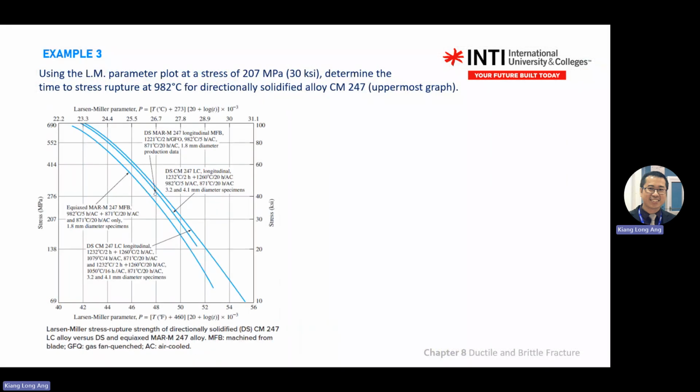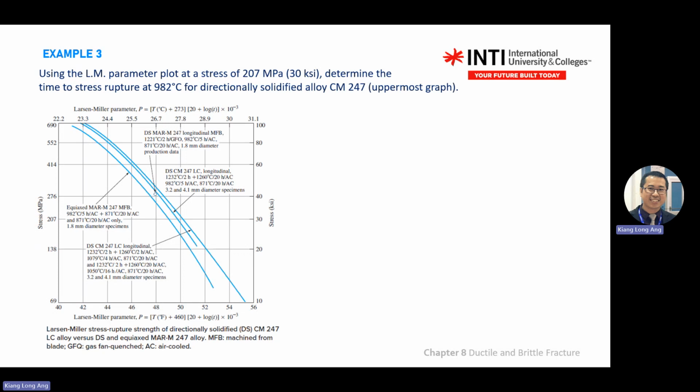Okay. So let's say we ask you this one in your test 2. Use the LM parameter plot at stress 207 megapascal. Determine the time to stress rupture at 982 Celsius for directional solidified alloy CM247. CM247 is here.